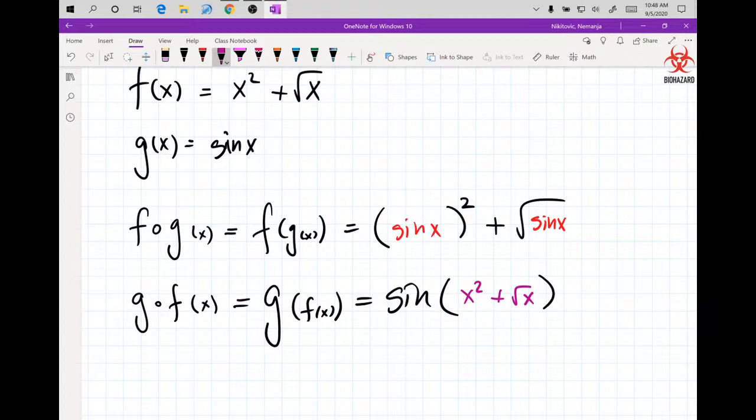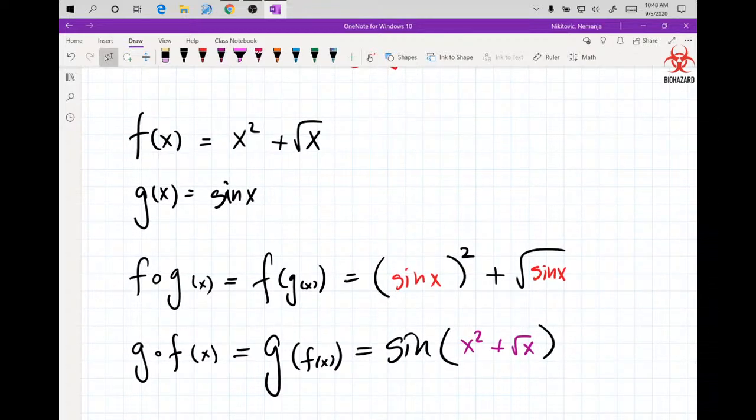You see, function f consists of two functions, polynomial function and the radical function. Remember that you can't use negatives, right? So the entire domain of the function f of x is now including 0, 0 to infinity. That's the domain of that function.